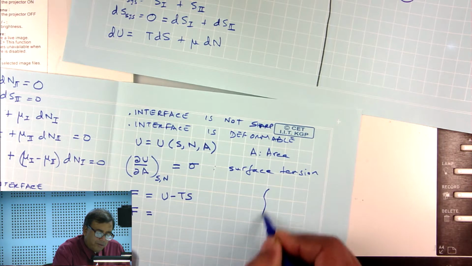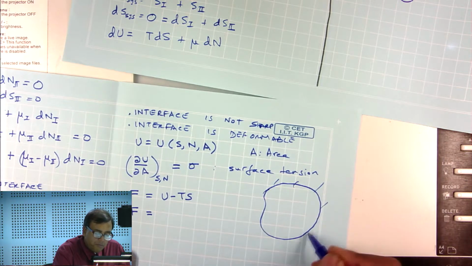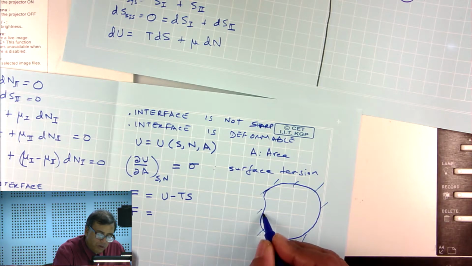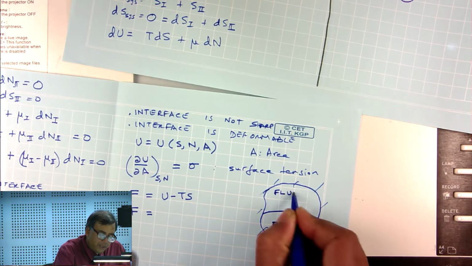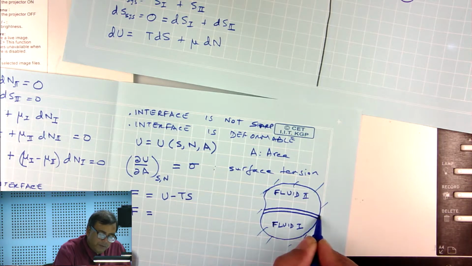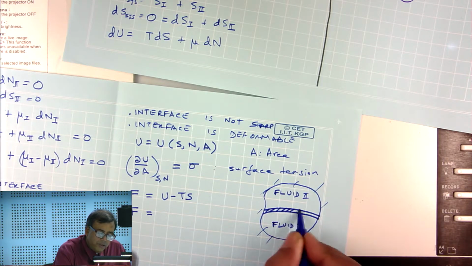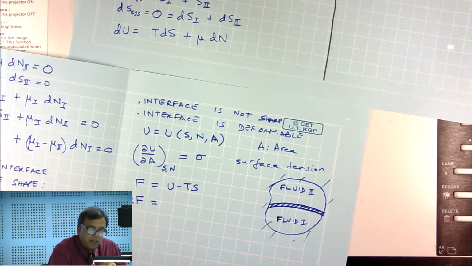Now, if I look at my system, I have phase 1, fluid 1, I have fluid 2, and in between I have this very thin region, the interfacial region, where the volume is negligible.